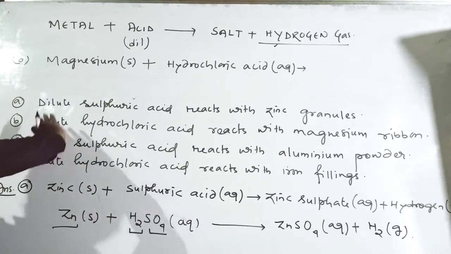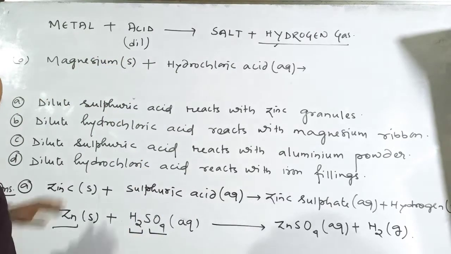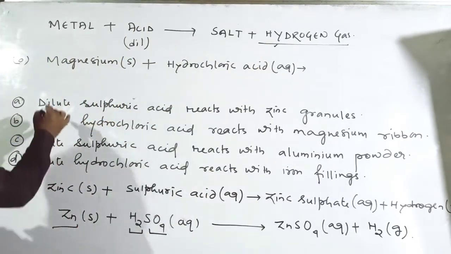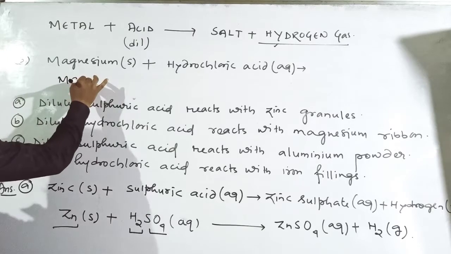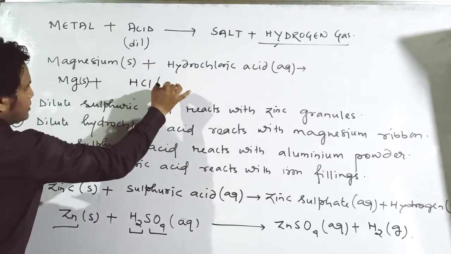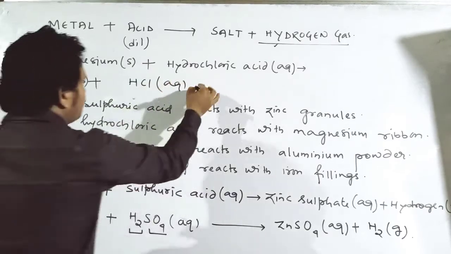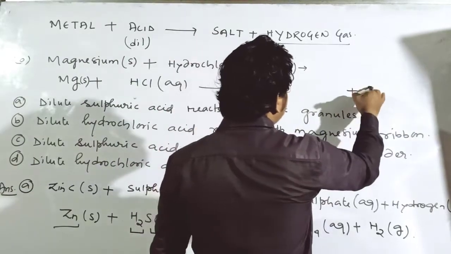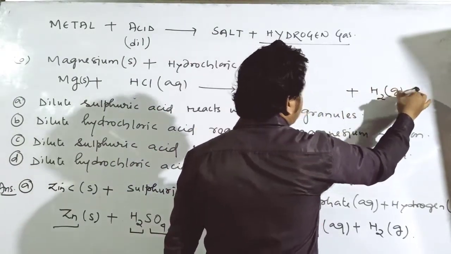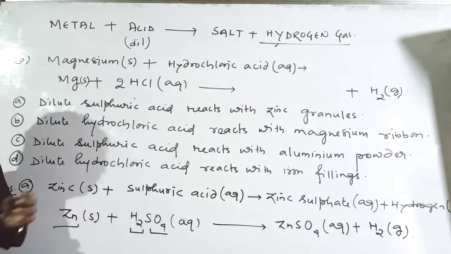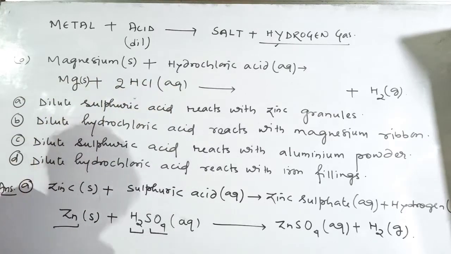Magnesium reacts with hydrochloric acid, a metal reacting with dilute acid. What will be the product? Magnesium is Mg, hydrochloric acid is HCl. One product will be hydrogen gas, H2. For the formation of hydrogen gas we require 2 hydrogen, so H2. What is left?